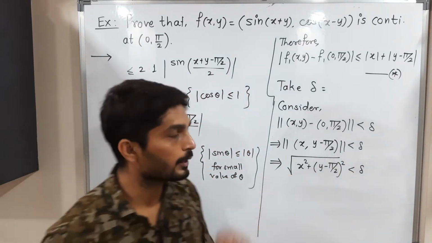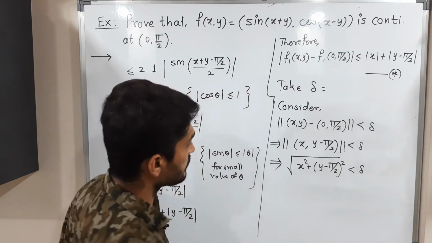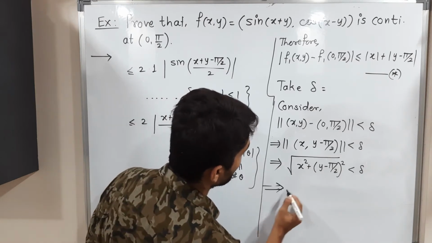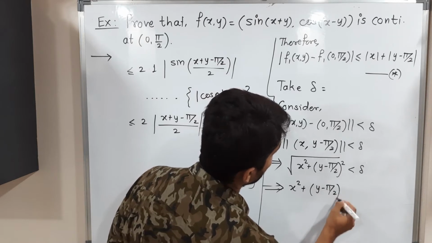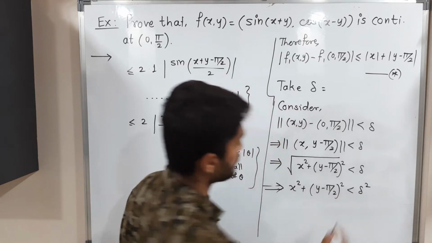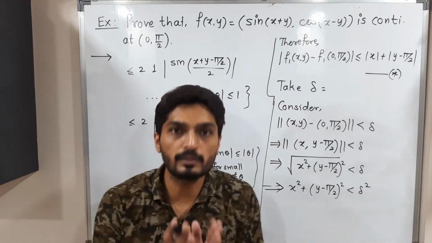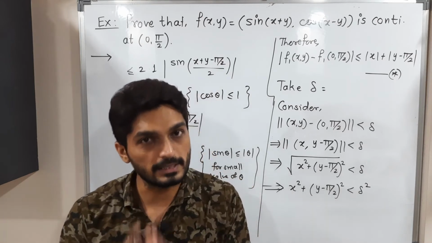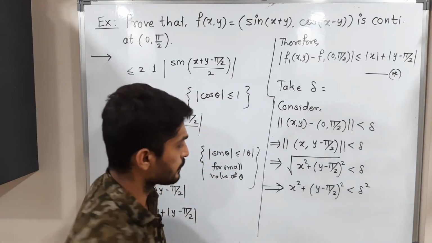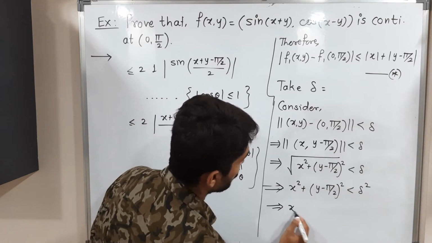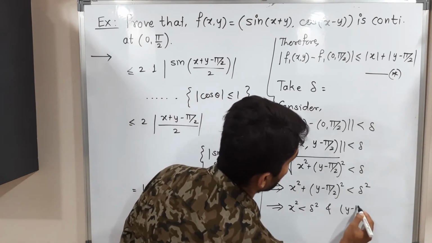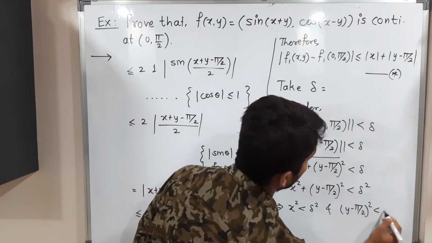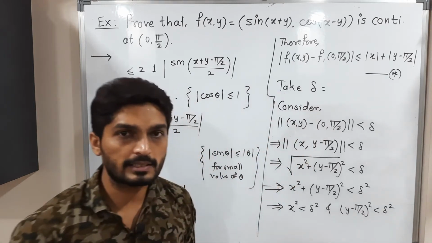To remove the square root, I will take the square of both sides. So x square plus (y minus pi by 2) square is less than delta square. See, the sum of these two positive numbers is less than delta square. That means each of them is less than delta square. So x square is less than delta square and (y minus pi by 2) square is less than delta square.